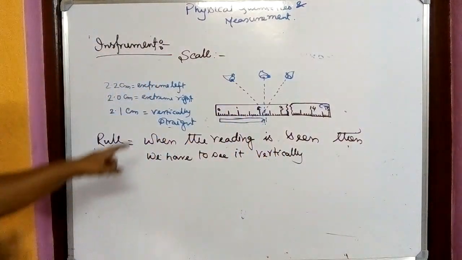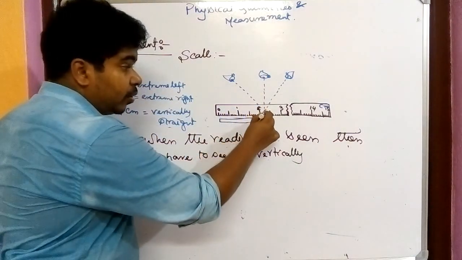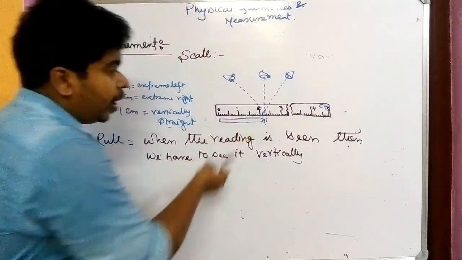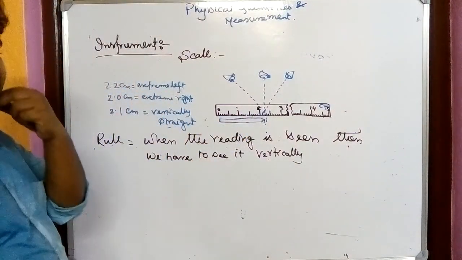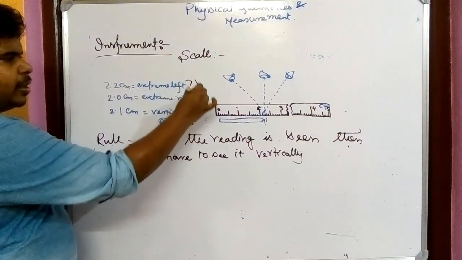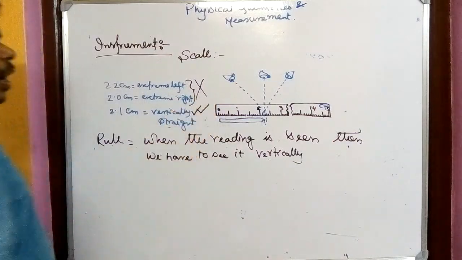We have to see vertically straight where the digit is coming, where the terminal point is coming. If we see from a different angle, then whatever values come, that is wrong. Only this one is right.